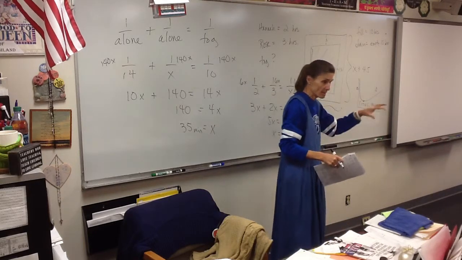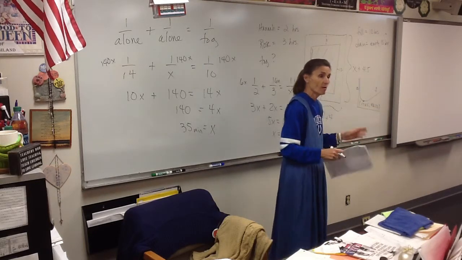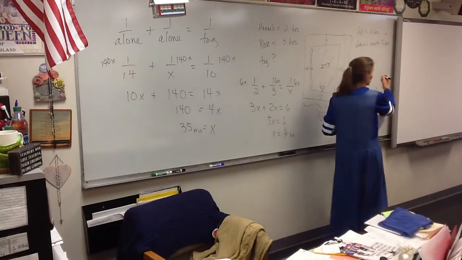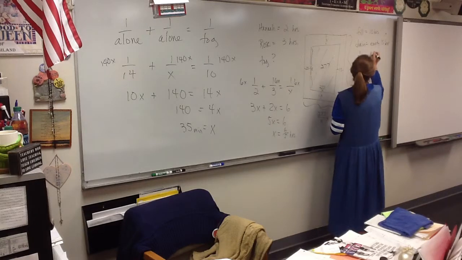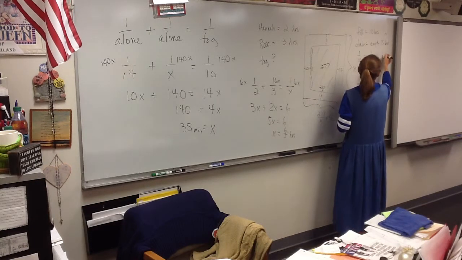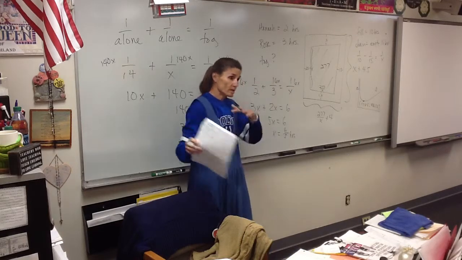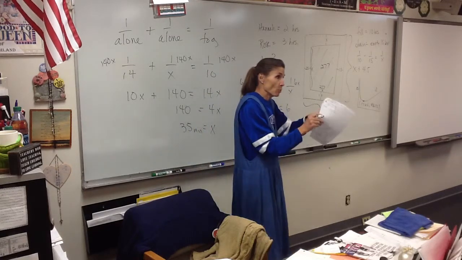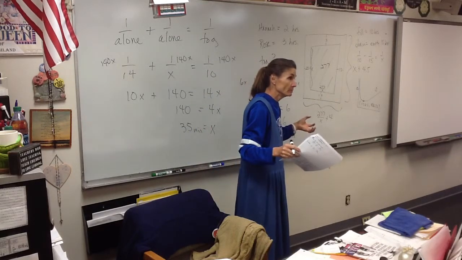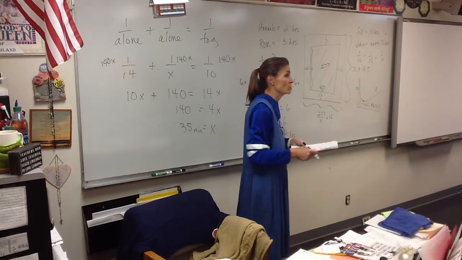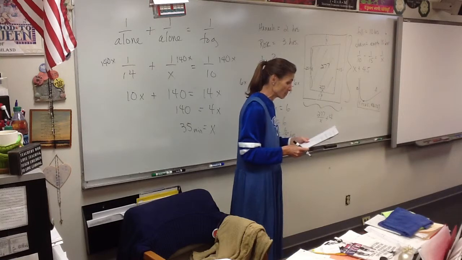So you've got water running in and water running out. It'd be a subtraction problem. It'd be 1 over 10 minus 1 over 15 equals 1 over x, because they're not working together, they are working against each other. Does that make sense to you, that that would be a subtraction? Structured the same way, but it would be a subtraction.